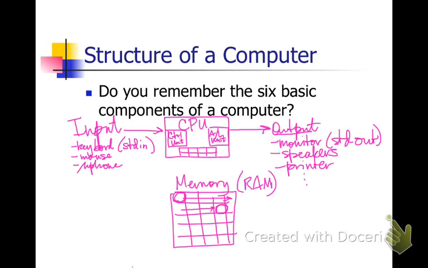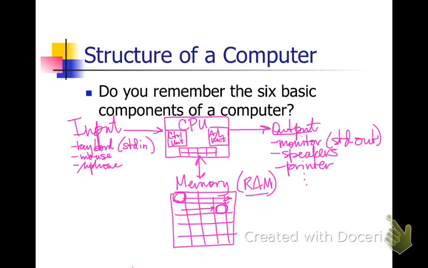I also have, so we said that random access memory is temporary memory because it only exists when power is supplied. So how do I handle situations where I need to store things for longer term? Well, I do have something else. Oh, and you know what? I forgot to draw communication between these two.